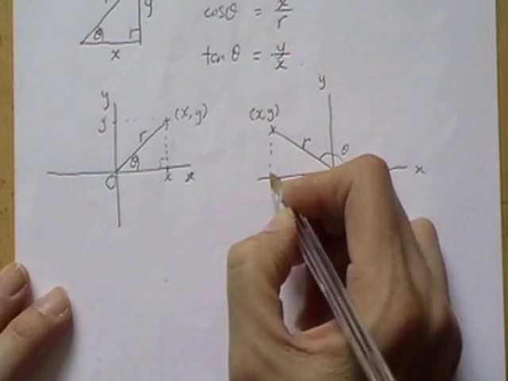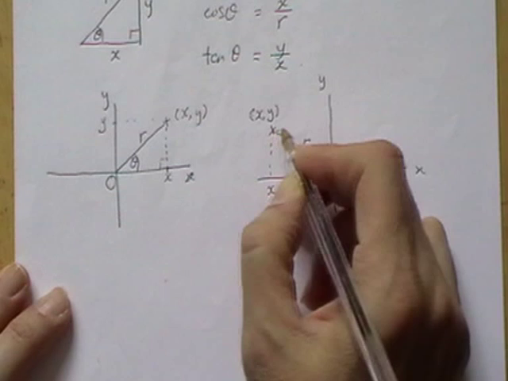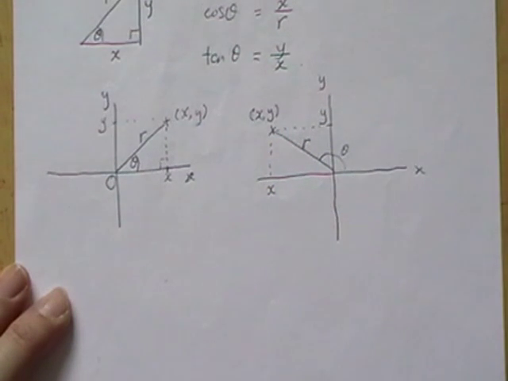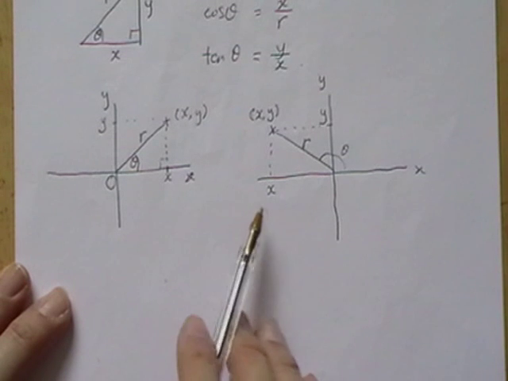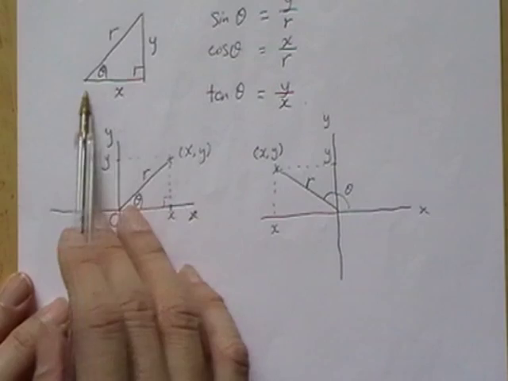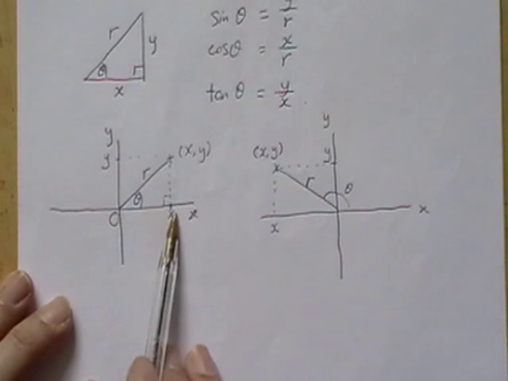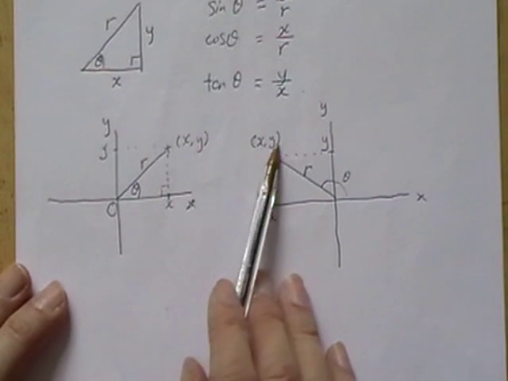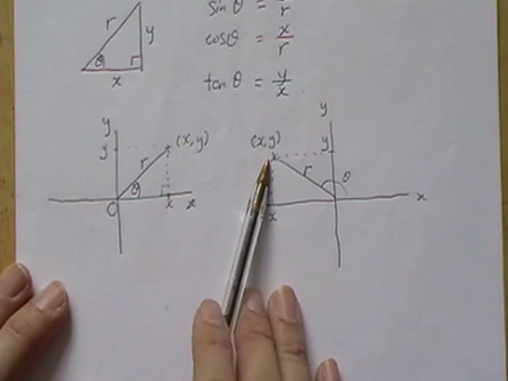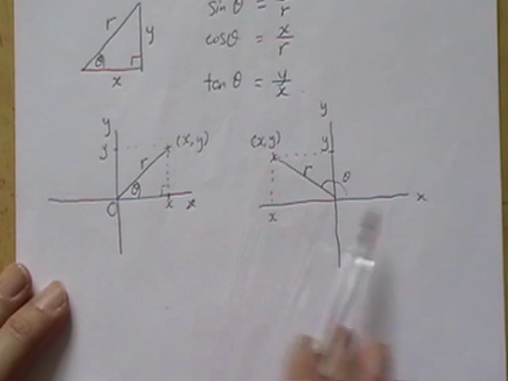Okay, so x will be the value there and y is the value there. But this time, of course, x would not be the sides of a triangle anymore. X is just the x value, the x coordinates of this point.